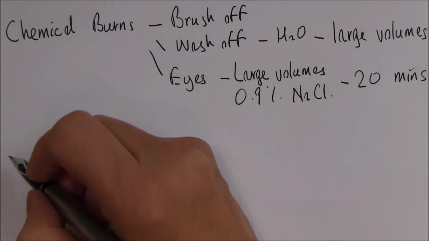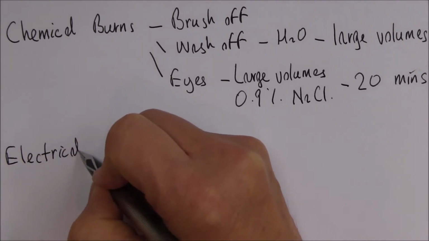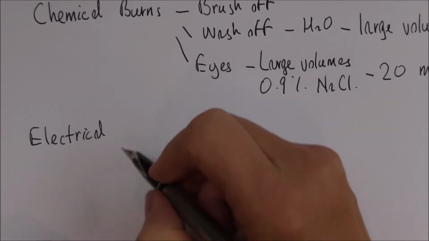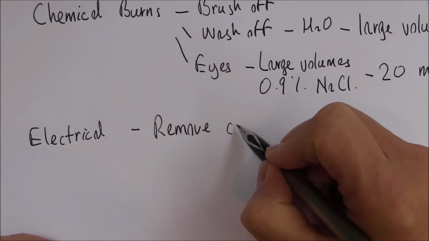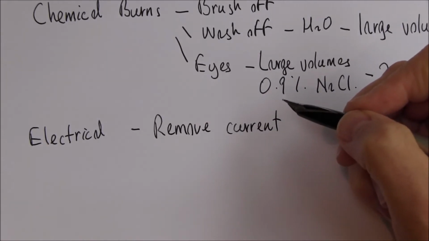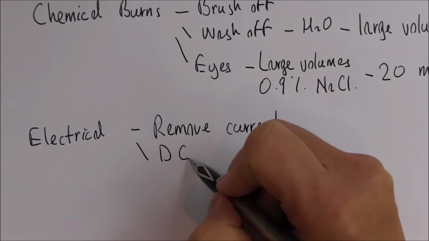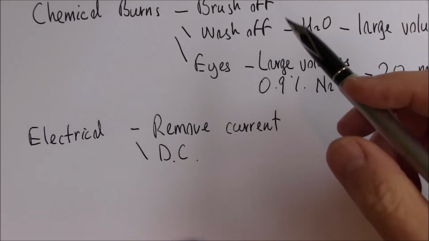Now if we think about electrical burns, obviously here we want to remove the current. So ideally disconnect the current at source. And you might remember that we said with a direct current, relatively small voltages can be very dangerous.